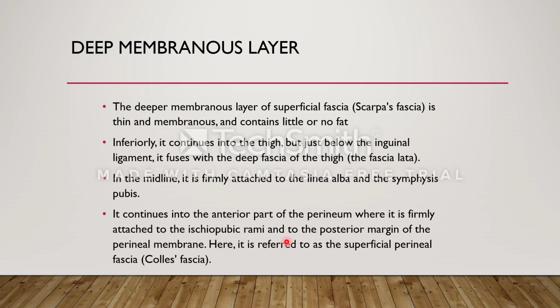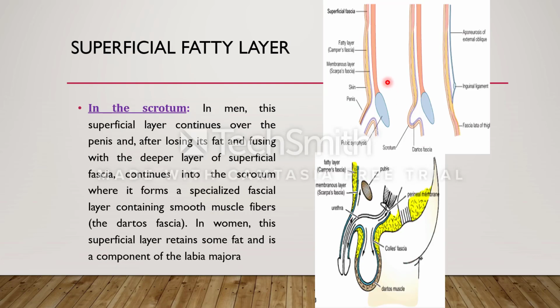And in the perineum, it is continued as the Colles fascia, which is also named as superficial perineal fascia. So from this diagram you can understand that this is the deep membranous layer, it will be continued with the deep membranous layer of the perineum, which will be named as Colles fascia. This is Colles fascia.